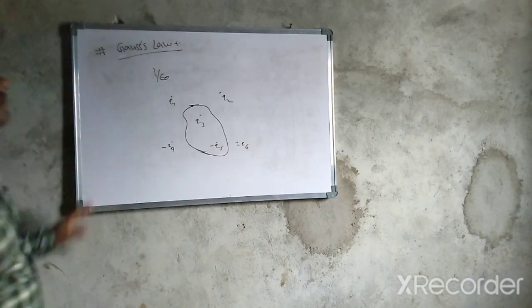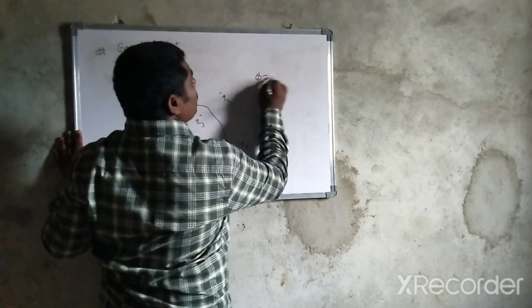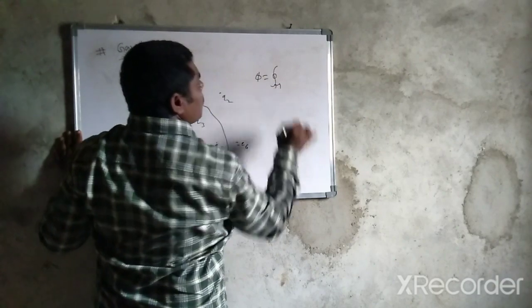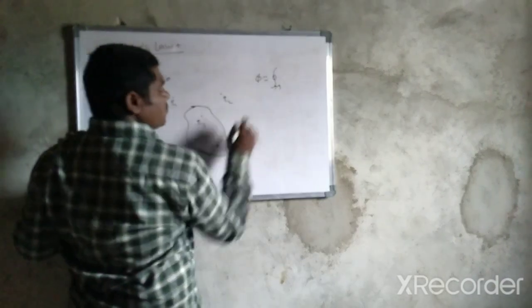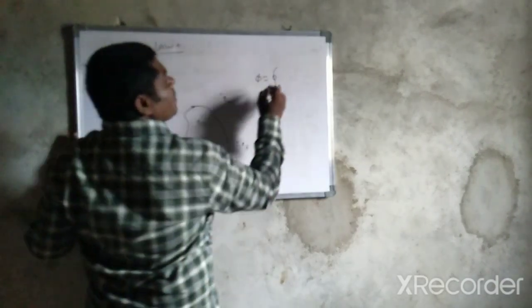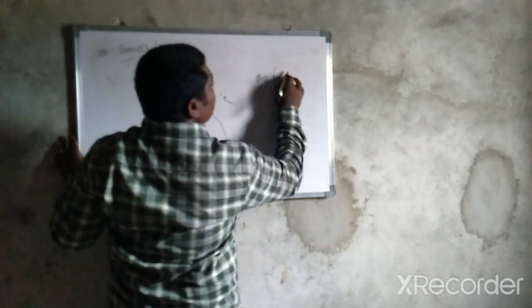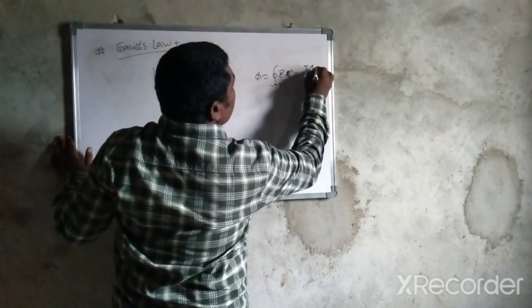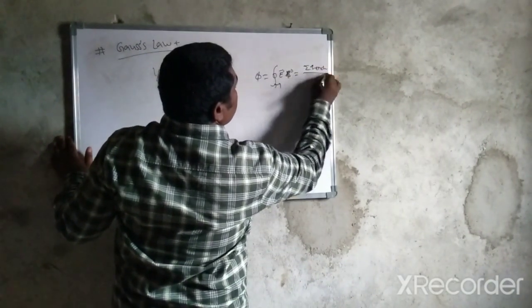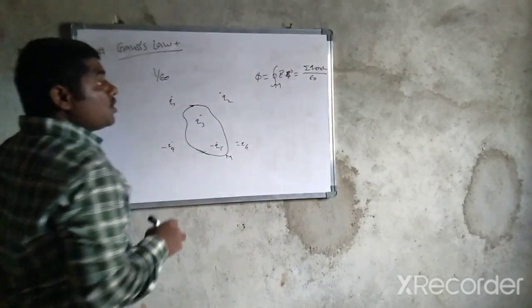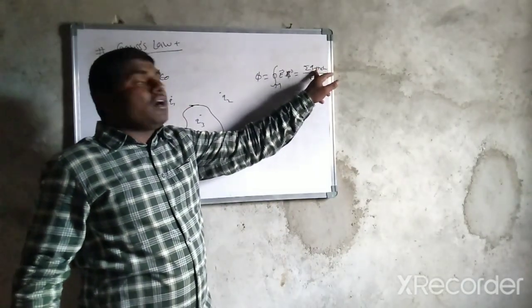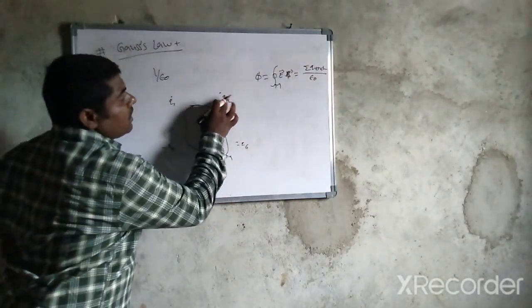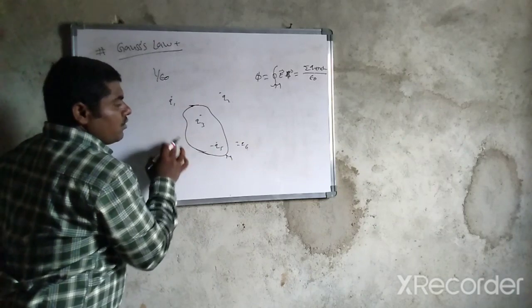According to Gauss law, flux is equal to the closed surface integral of electric field dot ds bar, which is equal to the summation of enclosed charges by epsilon naught. Enclosed summation means the sum of all charges, but inside the closed surface only. Don't take Q2, Q1, Q4, Q6.